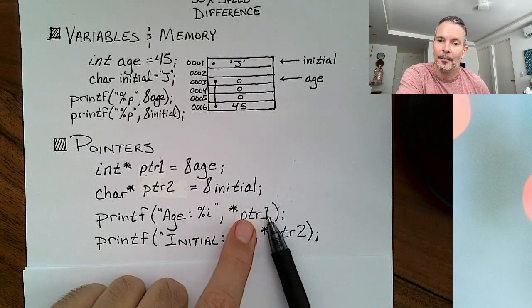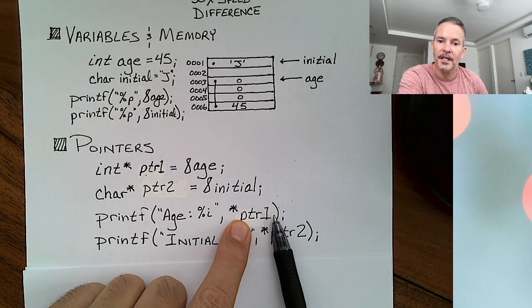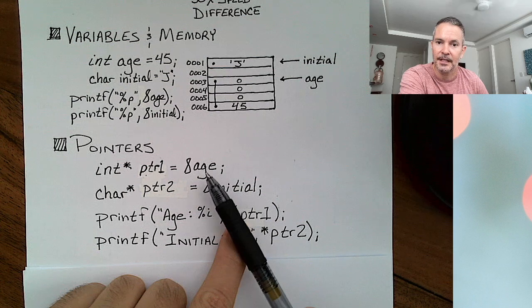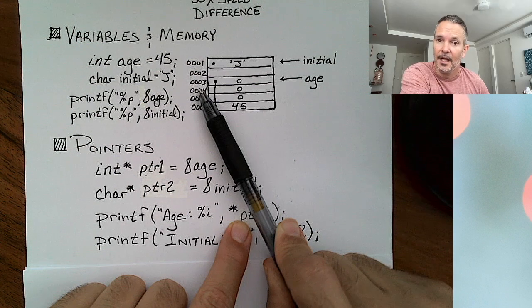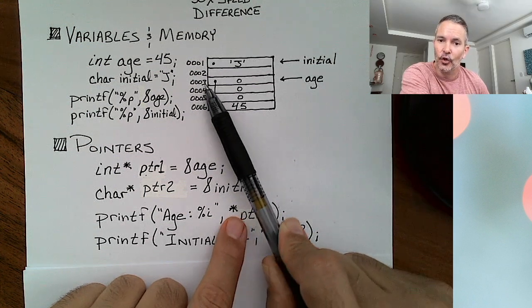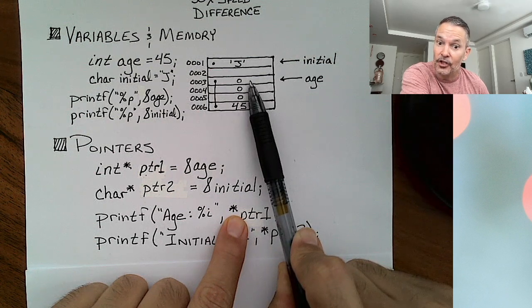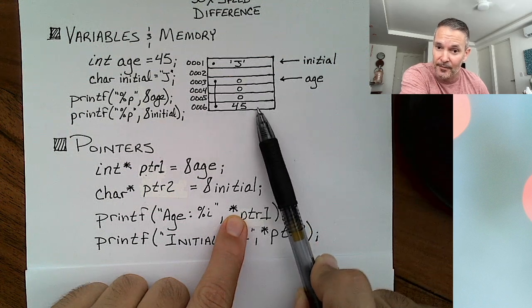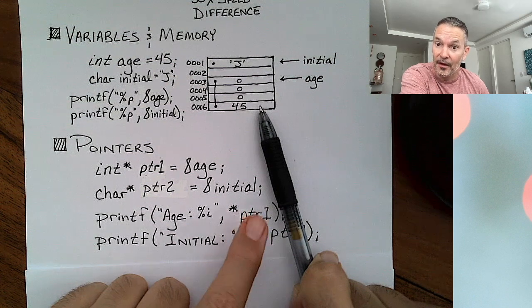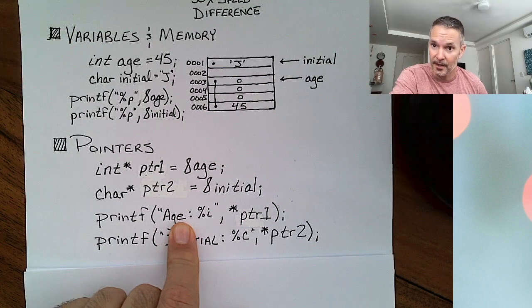So when I say asterisk pointer 1, I'm saying go to the address that is stored in pointer 1. The address in pointer 1 is the age variable. The address is 0003. And when I put the asterisk there, I'm saying go to this address and tell me what is inside of the address. So at this address, we have an integer, 45, and this will now evaluate to 45, and this printf statement will print to the screen 45.